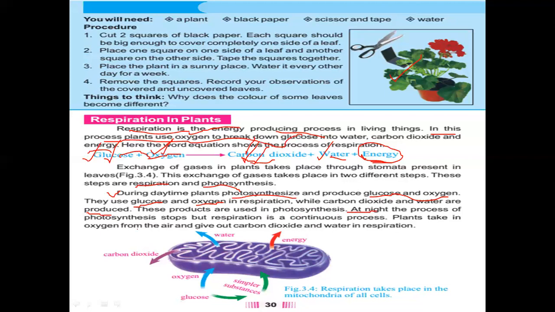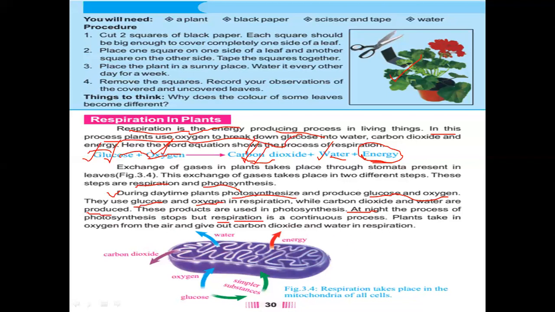At night time photosynthesis stops. Why? Just remember it. You remember? Yes, because there is no sunlight. That's why photosynthesis stops in the nighttime. But because they are living organisms, they do respire in the nighttime also.